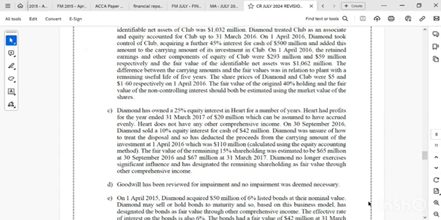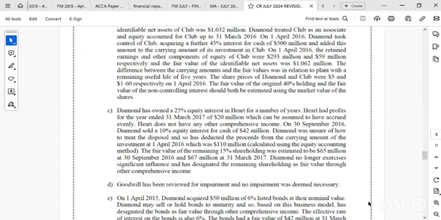Diamond has owned a 25% equity interest in HAT for a number of years. HAT had profit for the year ended 31 March 2017 of $20 million, which can be assumed to have accrued evenly. HAT does not have any other comprehensive income.